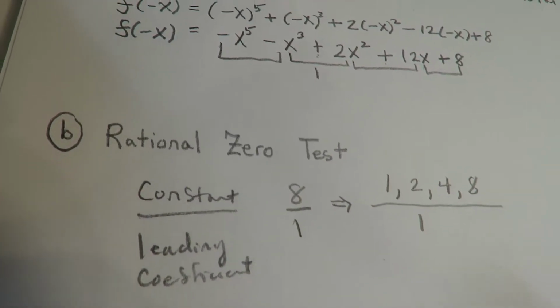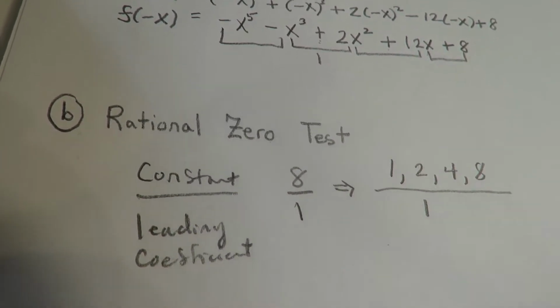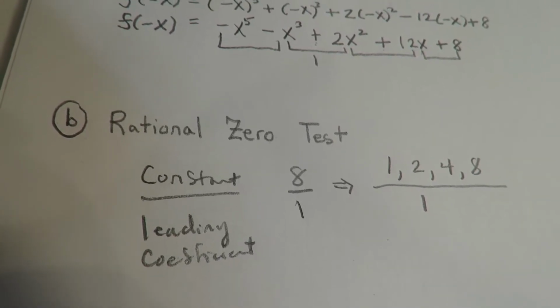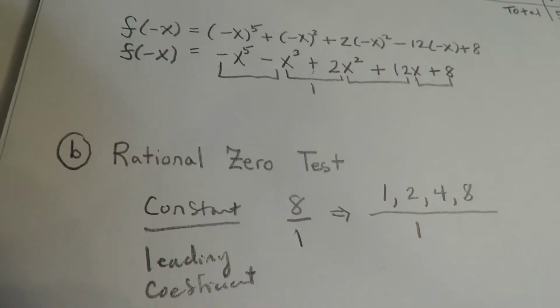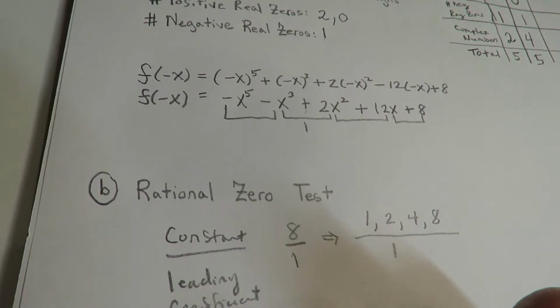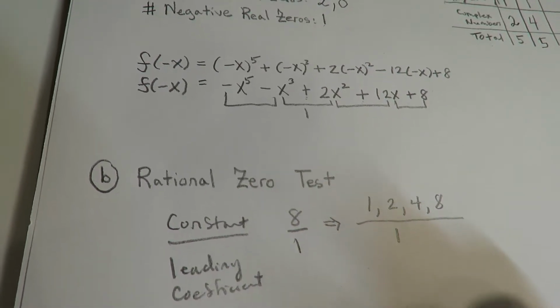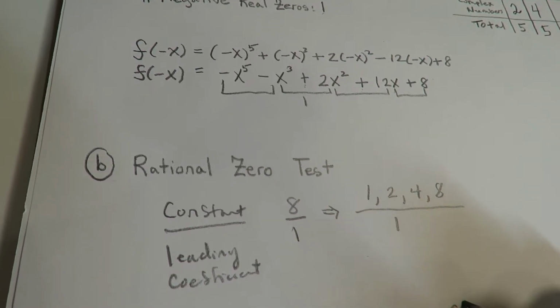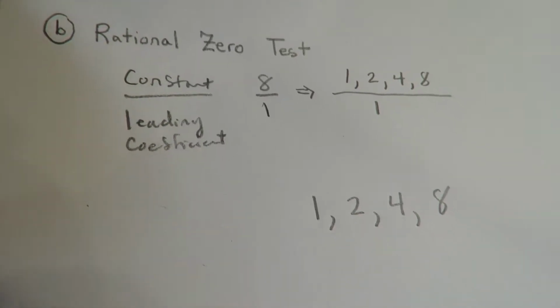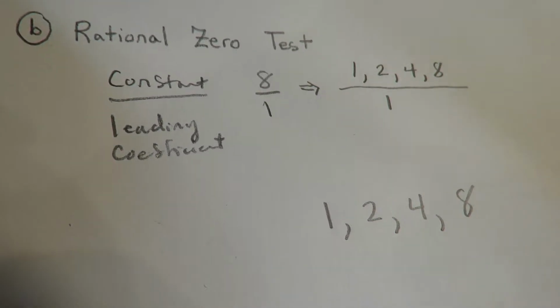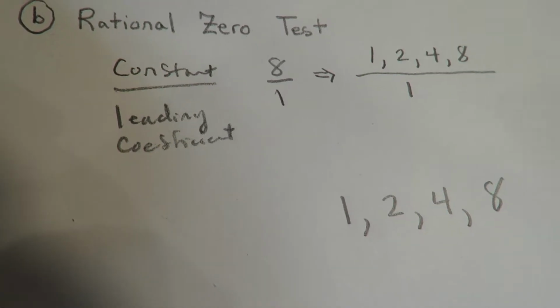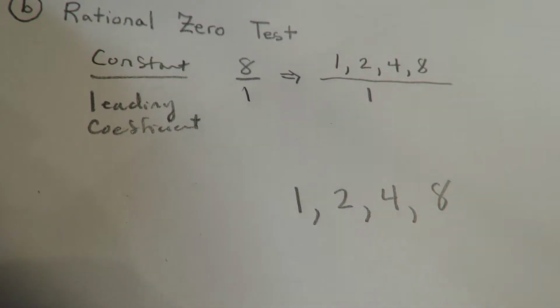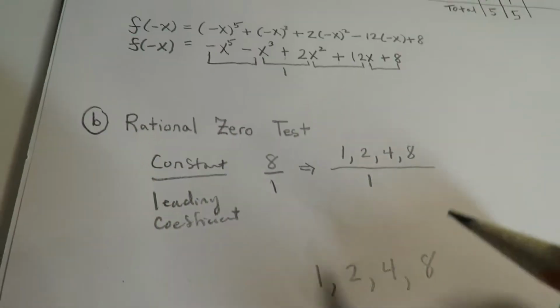So the amount of quote unquote teams can be enormously large for some of these problems. It can get very large quickly. So the possible winners that I have right now are 1, 2, 4, and 8. Now, when you create this list, it's your job to find the factors, and then it's also your job in this section to take the positive and negative of each of the factors.